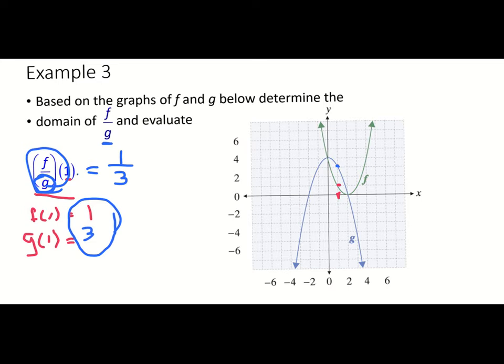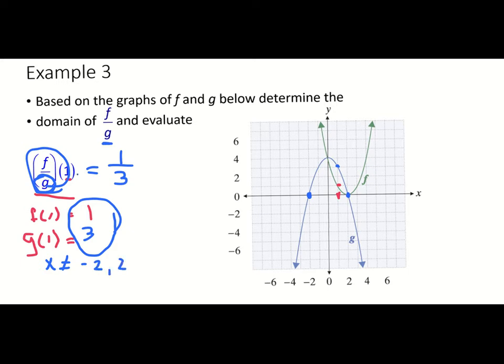So we really have to look at the g graph to see where the parabola crosses over the x-axis, and it crosses over here at -2 and +2. So your domain can be any real number except x can't equal -2 or +2.